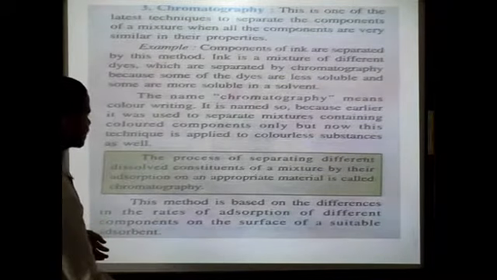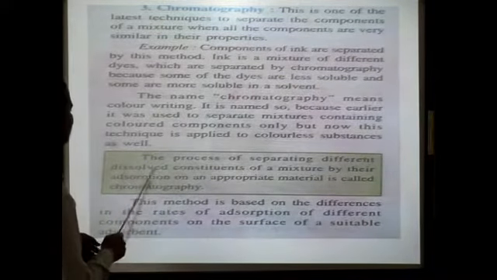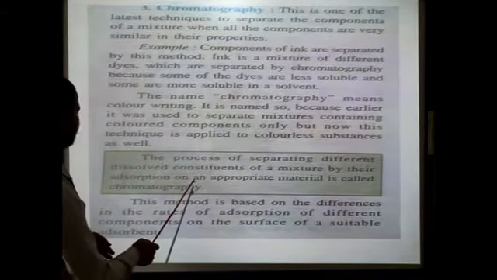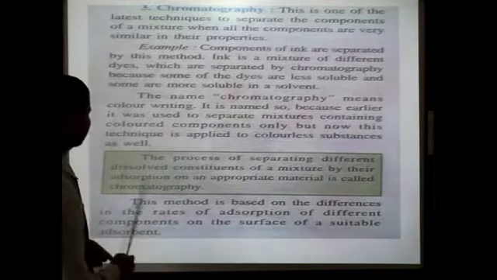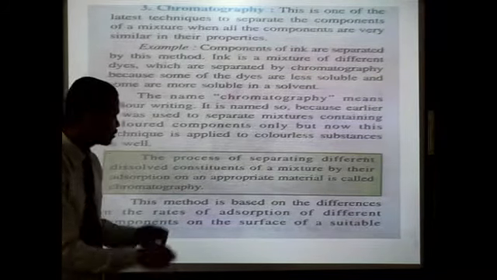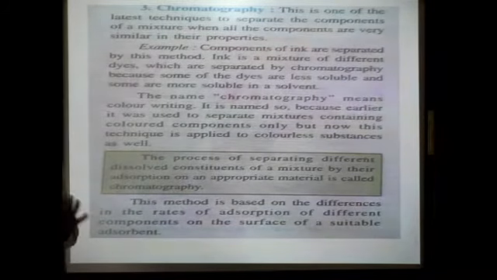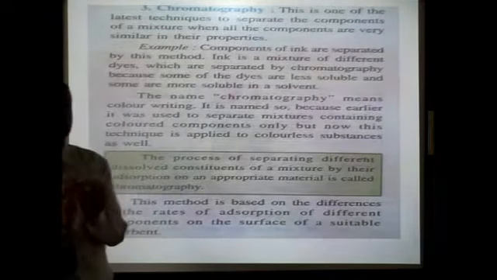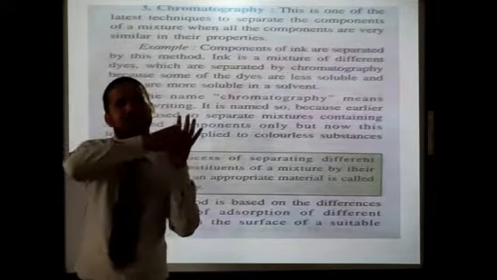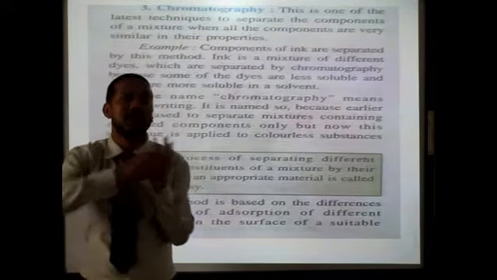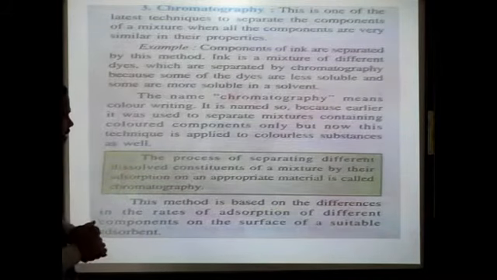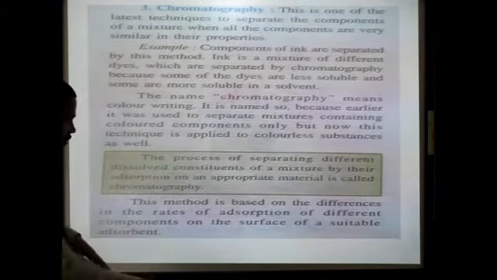The process of separating different dissolved constituents of a mixture by their adsorption on an appropriate material is called chromatography. How they get adsorbed on a particular material, on the basis of that, different substances are separated from the mixture.